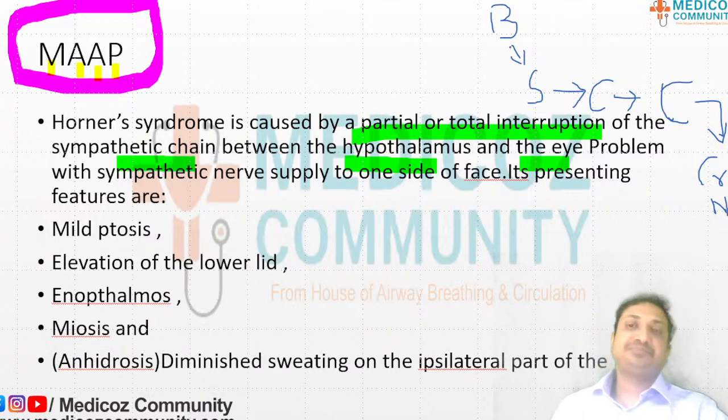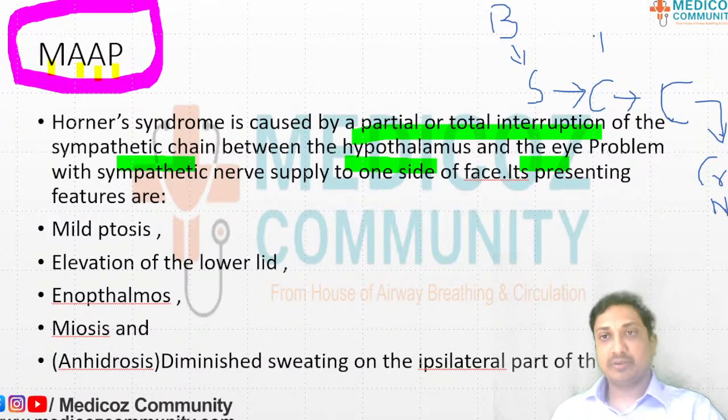So in this pathway, there are 3 neurons involved: 1, 2 and 3.